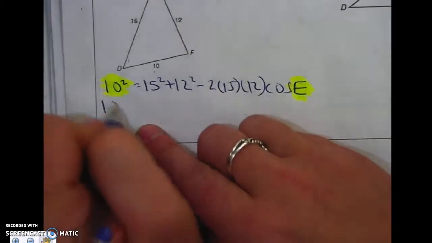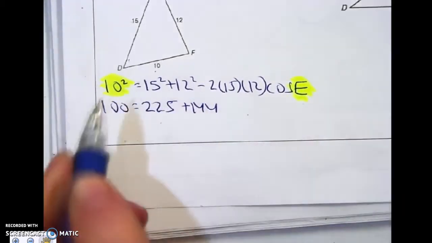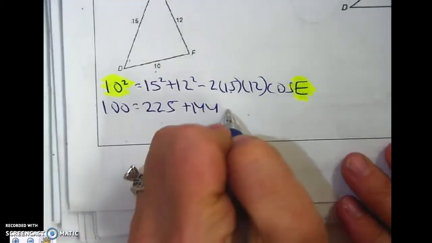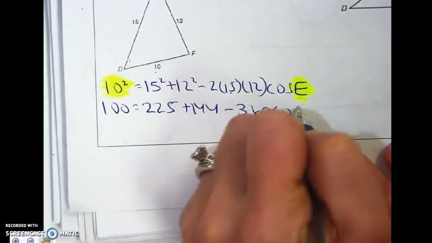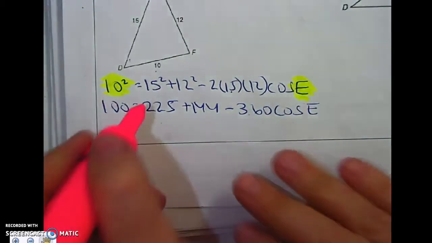Now I'm just going to simplify. So let me zoom in a little bit. I get 100 equals 225 plus 144. 2 times 15 is 30, times 12 is 360. And then I'm going to take these two numbers and add them together.